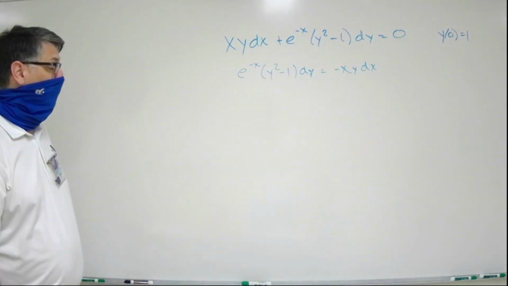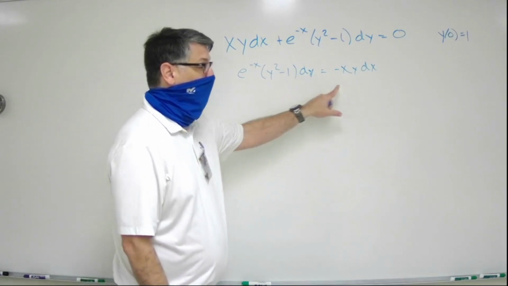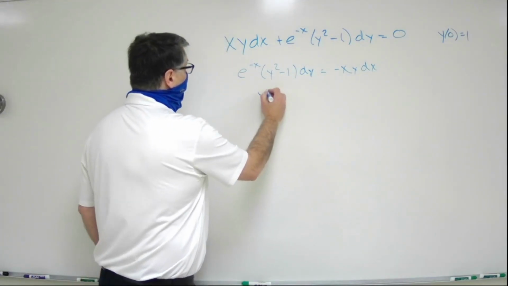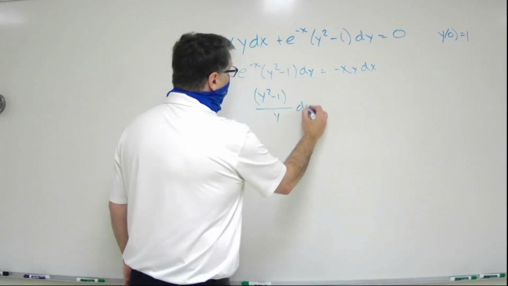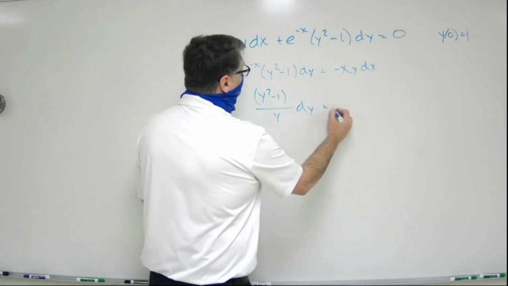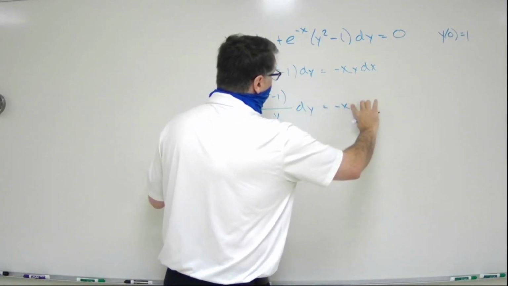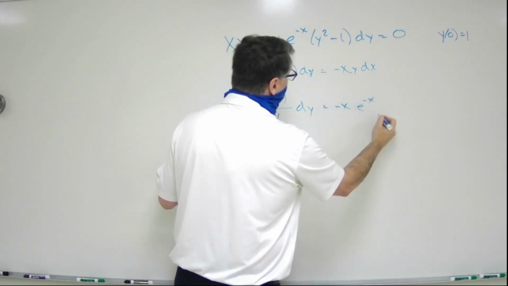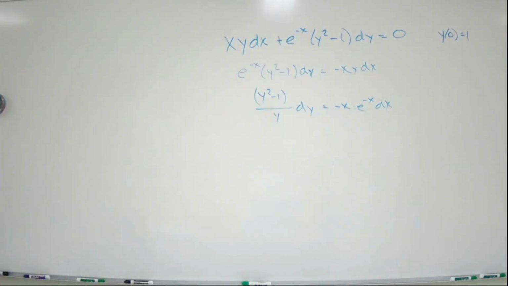I am going to divide by e to the negative x, put it on this side. I'm going to divide by y, put it on this side. So I get y squared minus 1 divided by y dy equals negative x times e to the negative x dx. All right, we're ready to integrate now, right?